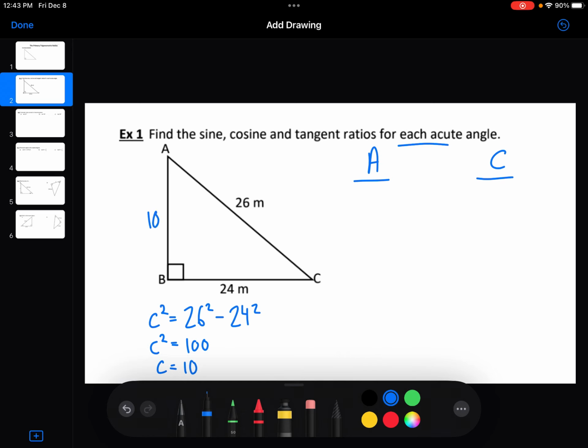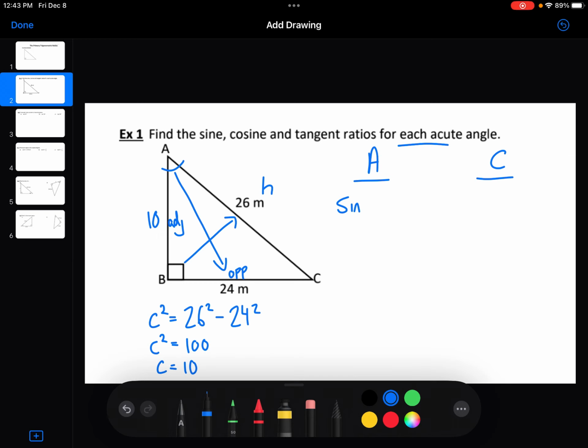And so we can work through these, and we'll do angle A first. So from angle A, and I'll do angle A in blue, we've got our hypotenuse is always going to be here. Our opposite would be 24, and then our adjacent would be right here. Okay, so when we're working through this, we're going to have sine first.